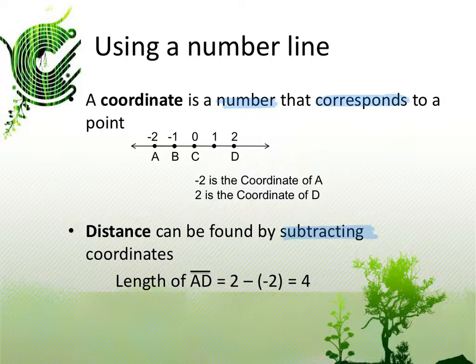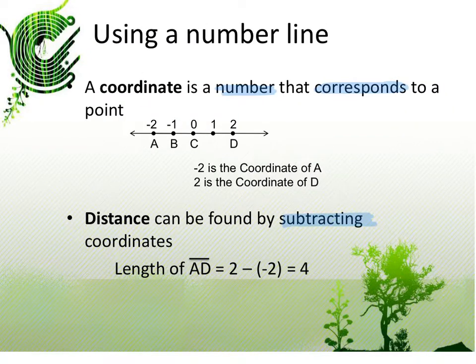So for example, if I wanted to know the distance between point A and point D, I could just count the jumps. And I could say that there's 1, 2, 3, 4 jumps. And that's the distance between point A and point D. Or you can find it by subtracting the coordinates.